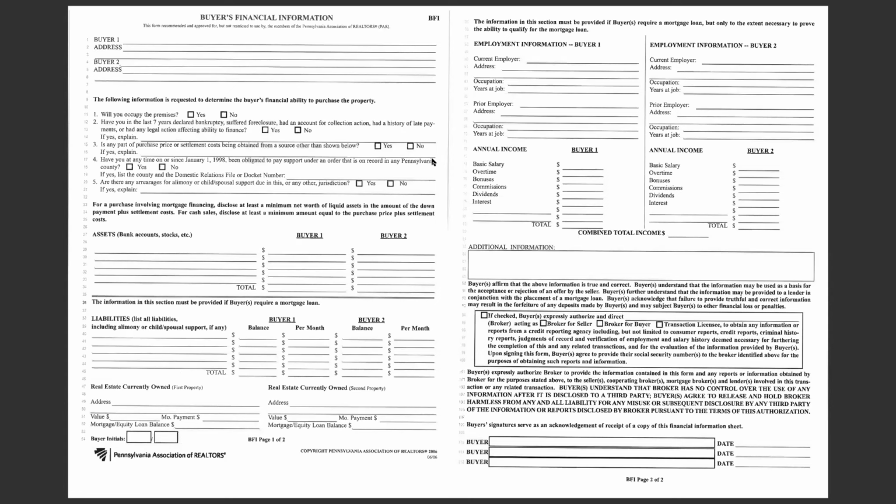Assets. Now listen, when you have a buyer filling this out for assets, God bless, they're multimillionaires. The world does not need to know that they're multimillionaires. What you need to disclose here is the availability of the assets to purchase this property.